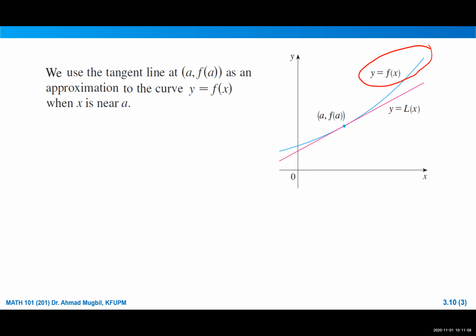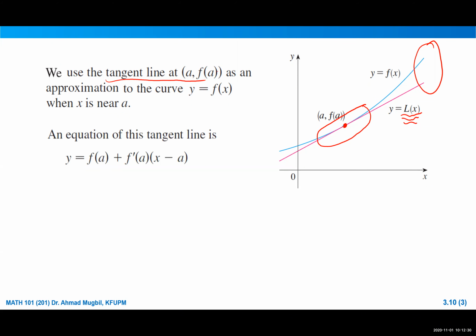This is the tangent line to this curve at this point A. What you can notice is that when we are very close to the tangency point, the two graphs are almost the same. Here they are different from each other, but when we are close, the values are the same. The blue one is the function, and the red one is the linearization of the function. This is the tangent line at the point A.